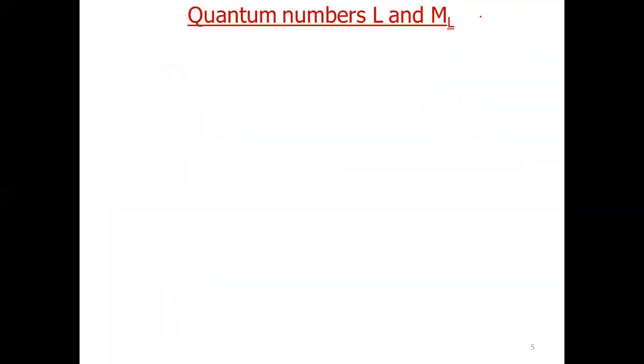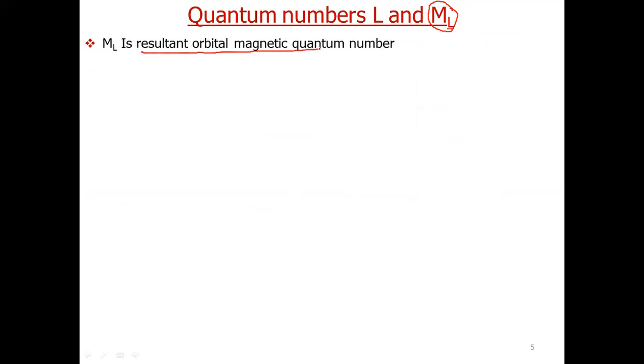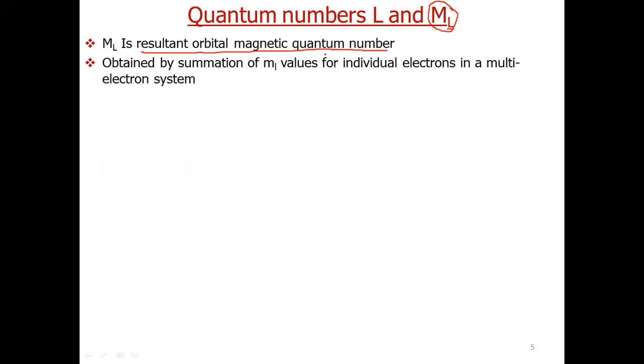Now we will define a new quantum number, ML, that we are going to use today. ML is called the resultant orbital magnetic quantum number, and its value is calculated by summation of small ml for the individual electrons.